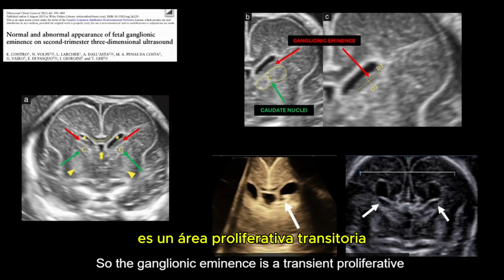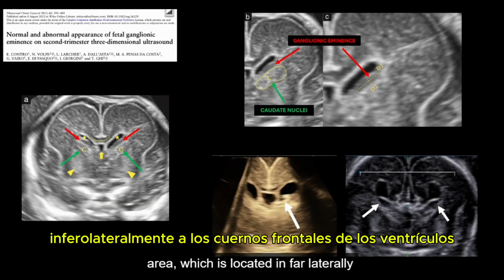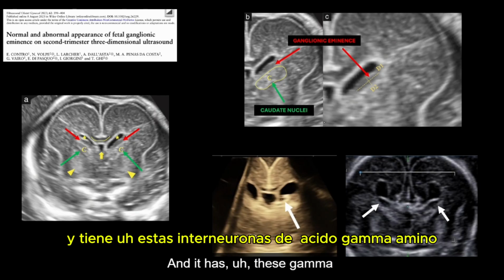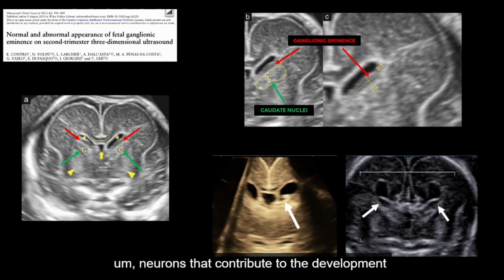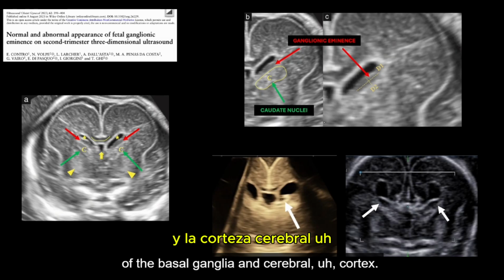The ganglionic eminence is a transient proliferative area located inferolaterally to the frontal horns of the lateral ventricles, and it has gamma-aminobutyric acid interneurons, which are neurons that contribute to the development of the basal ganglia and cerebral cortex.